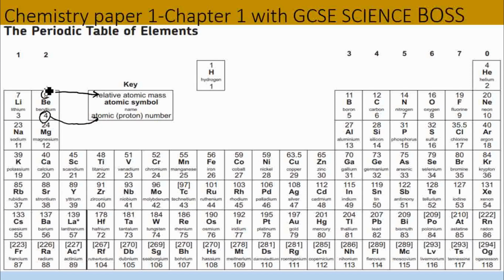Okay, your relative atomic mass, this bigger number, can also be referred to as your mass number. Okay, there are two different definitions, but they end up being the same number. Okay, so the mass number is the total number of protons plus neutrons. Okay, and we will come to that later.